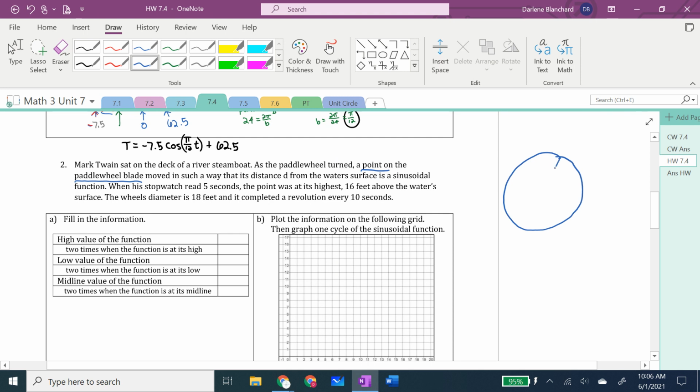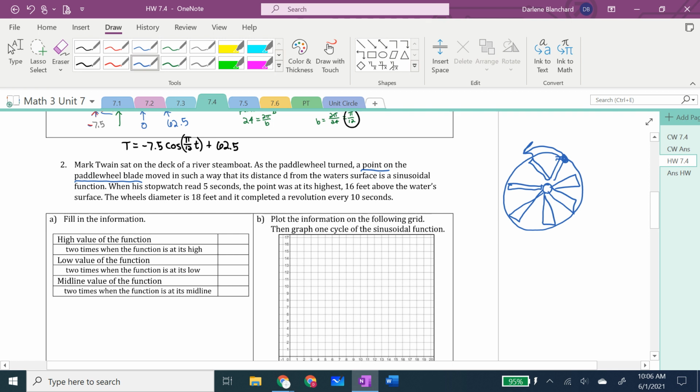So basically we've got the little blades coming out of the paddle wheel. I'm trying to draw, forgive me. Anyway, we've got some point on one of the blades and that paddle wheel is turning.